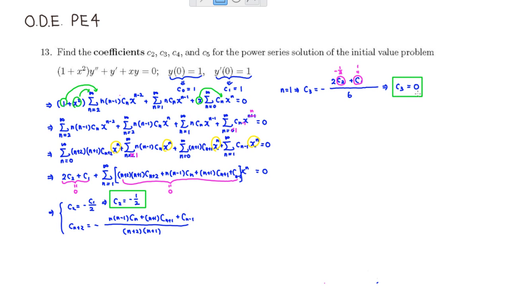Then we can find the C4 value by setting n equals 2.